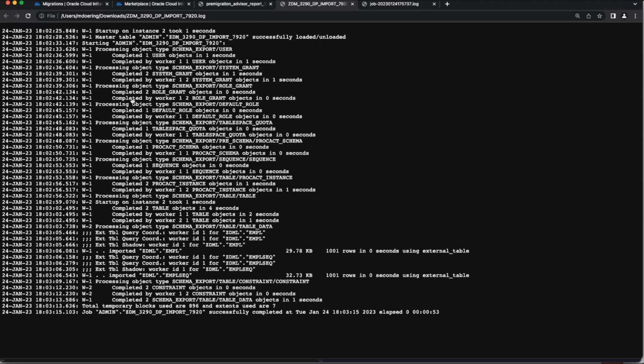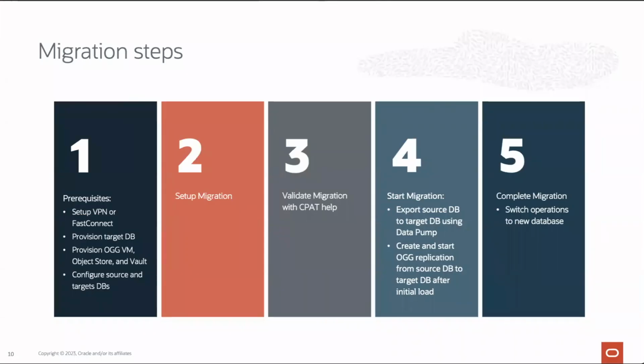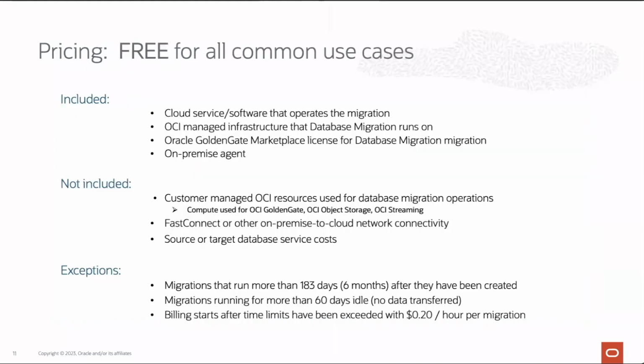Okay, now let's switch back to my slides because I have one final slide, and that slide is the pricing. And basically, DMS is free to use. So what is included? All the software that you have seen, the complete cloud service itself, also the underlying zero downtime migration instance that is operated by cloud operations. Everything is included.